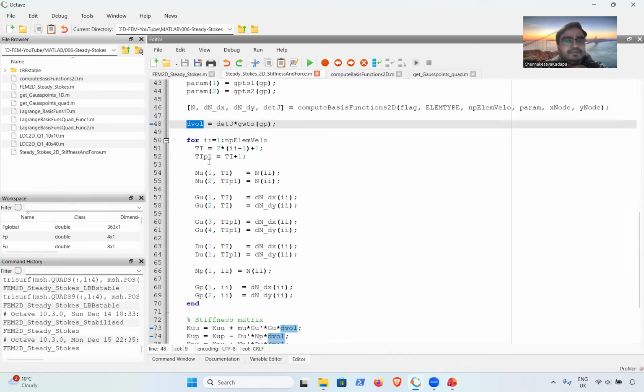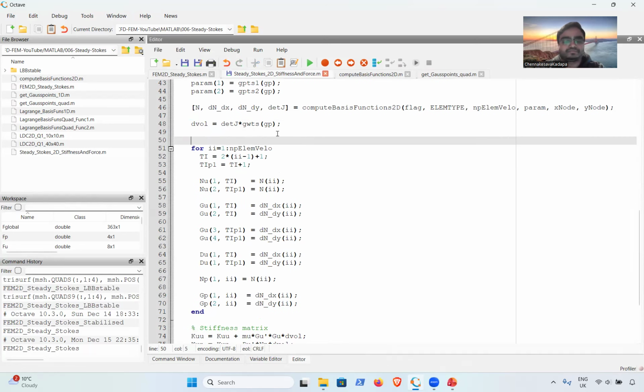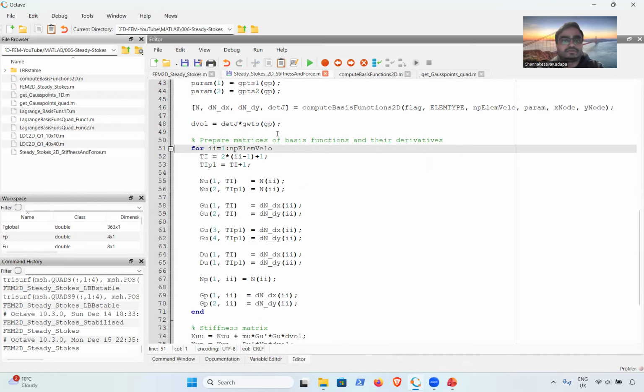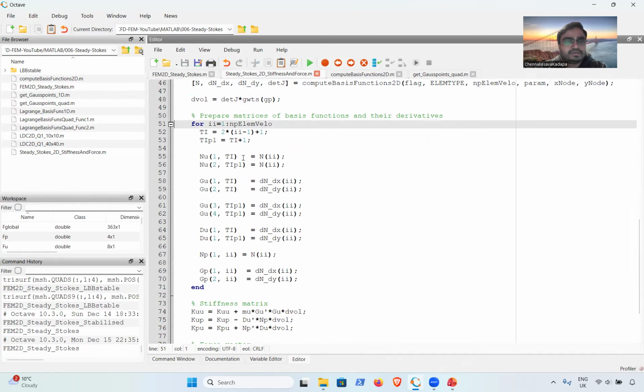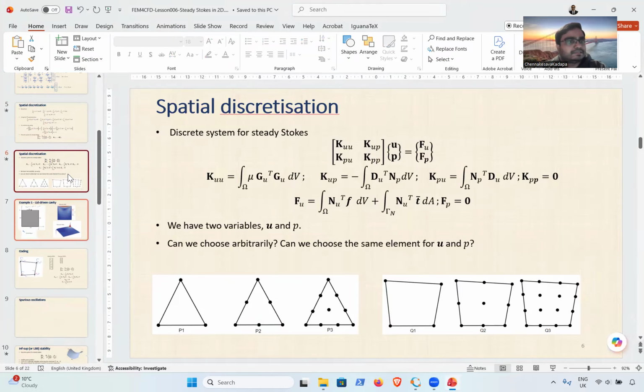And then we prepare our matrices of basis functions and their derivatives. So first is NU, then GU, and then DU, NP, GP. Here we prepare these matrices.